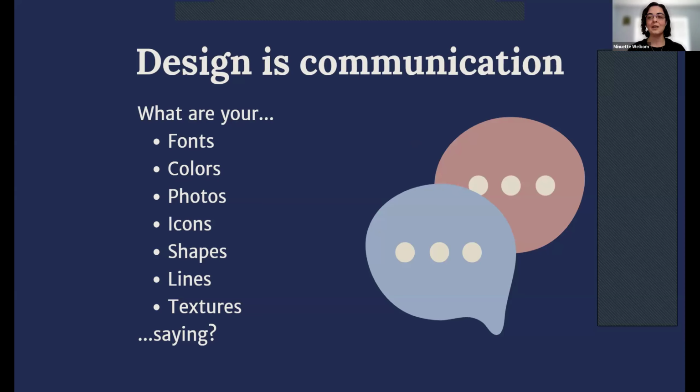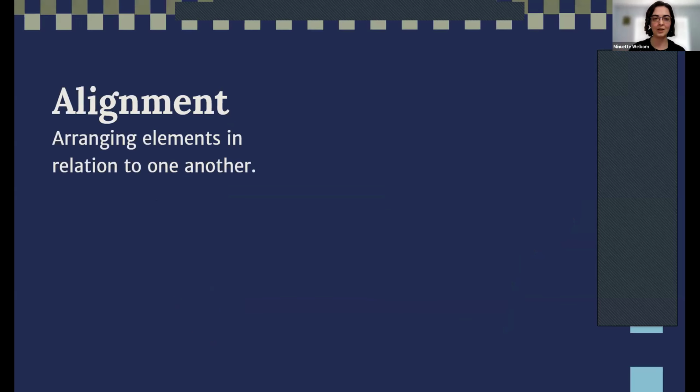So basically, if you're using cutesy cartoon graphics in one post, it's going to be a little bit confusing if you're using more realistic photos and real life stuff in another post. We really want to be keeping all of our design communication specific. And that's not to say you want to be stagnant and it's okay to change, but mostly you want to be keeping everything consistent to the message of your brand and who you want your customers to see you as.